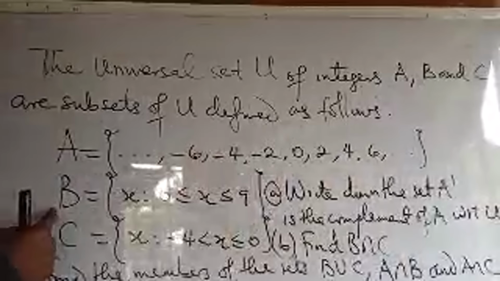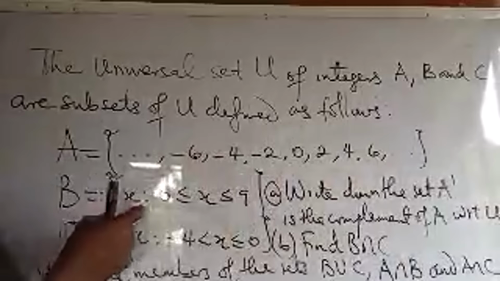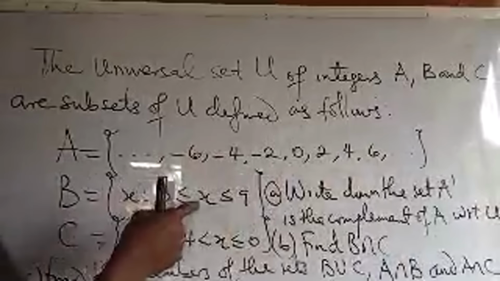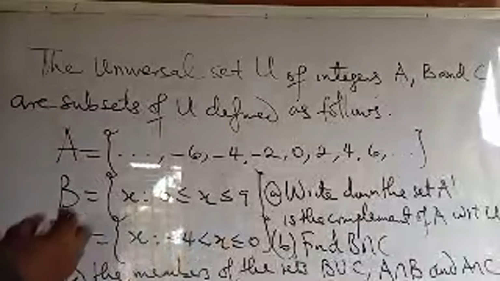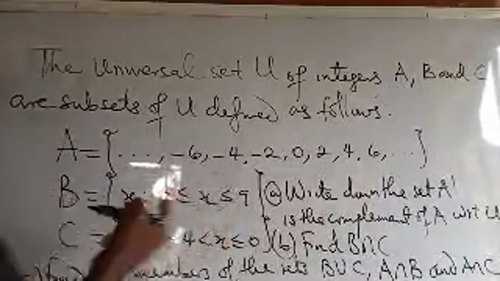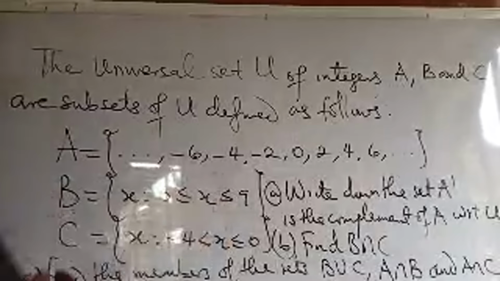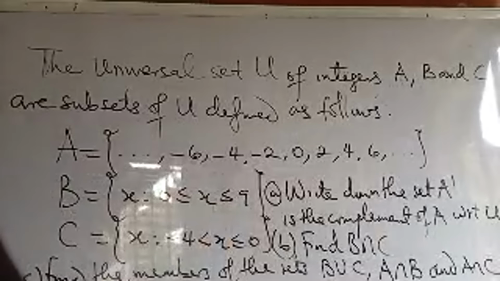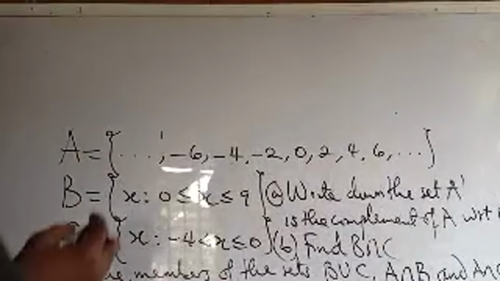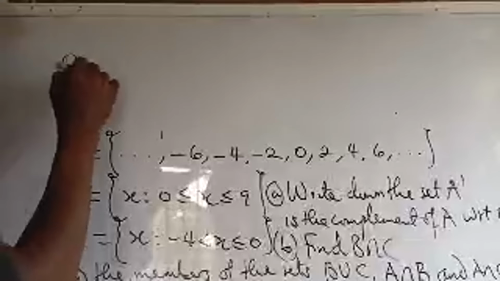Now let's look at B. B is a set of numbers such that 0 is less than or equal to x and x is less than or equal to 9. Let's list the elements of B first, because they can be listed, as they are finite and definite.